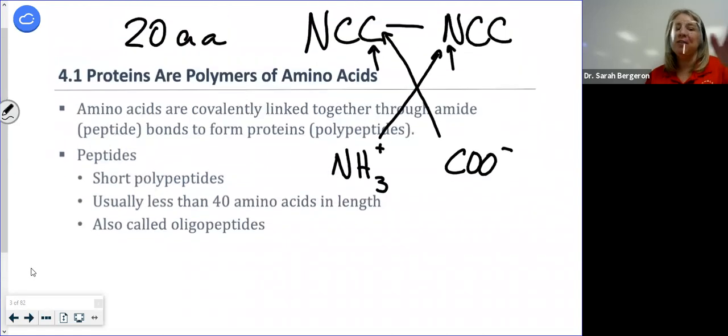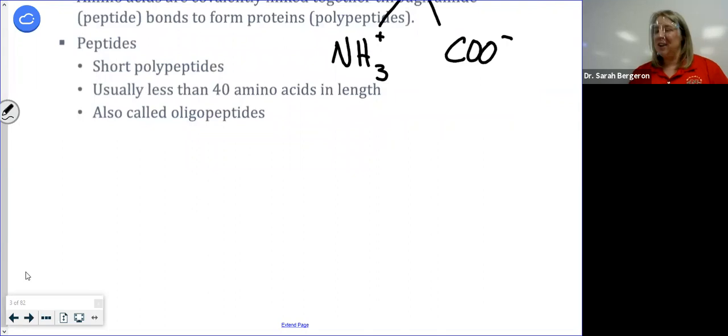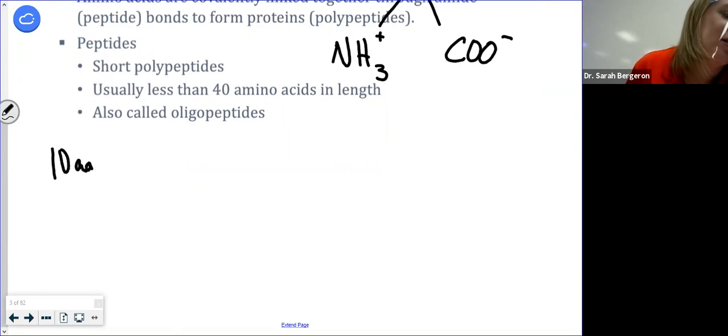So let's talk about these 20 amino acids real quick before we go on to the next slide. Let's just say I have this peptide that is 10 amino acids long. That's short, right? Proteins in the cell are 100 to 1,000 amino acids. If I have this really short peptide, how many different variations of that peptide can I have? How do I do that math? Anybody know?